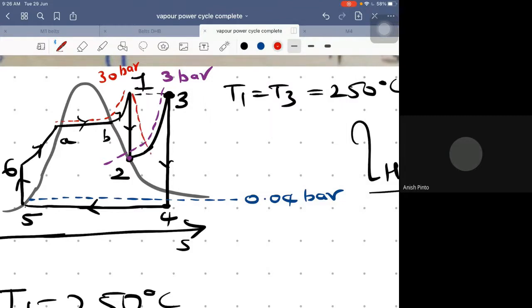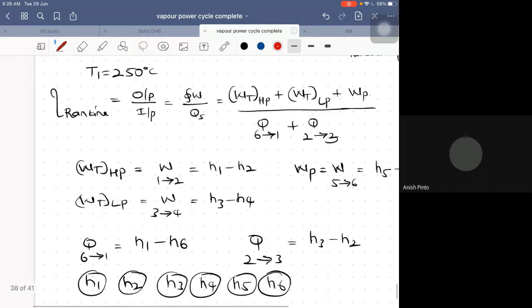This would not go in a generic way. It would move to 2 dash. Now I need to calculate H2 dash here, isn't it?